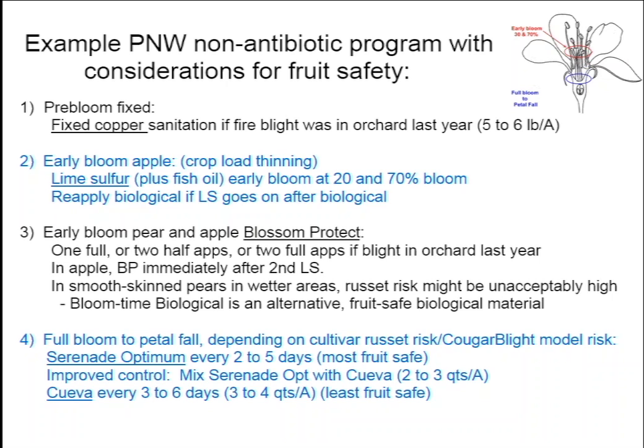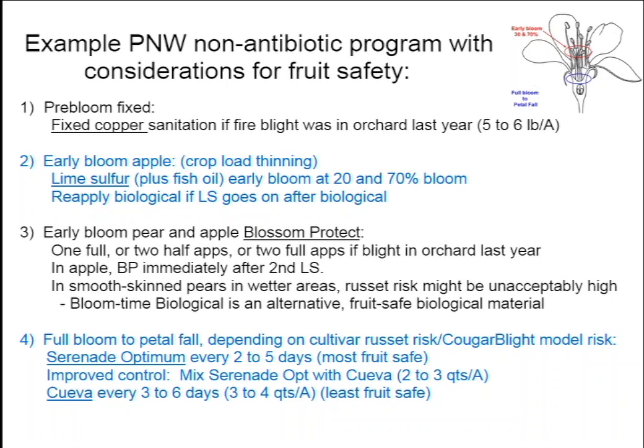Pre-bloom, fixed copper, sanitation. If fire blight was in the orchard last year, I think we've seen a tremendous increase in the number of those applications. Personally, I feel that if there is a larger growing area of organic pears where people have adjacent orchards, this is an excellent area-wide type of program.